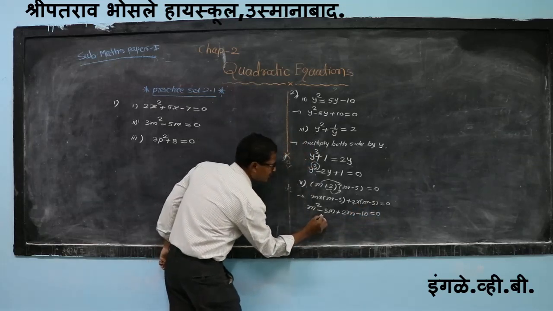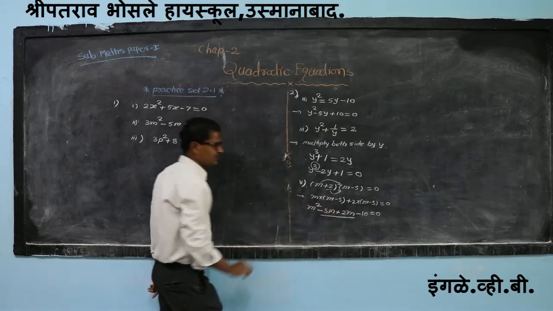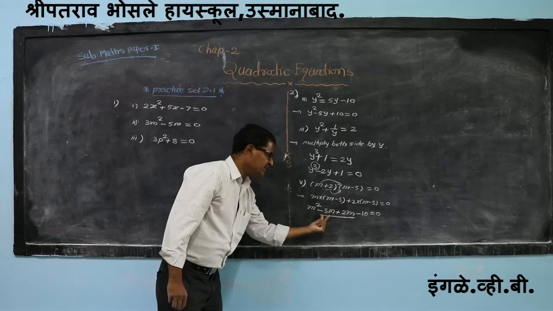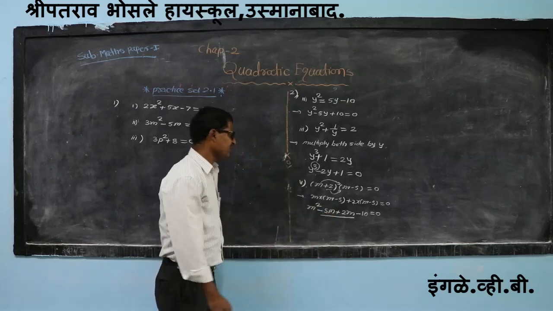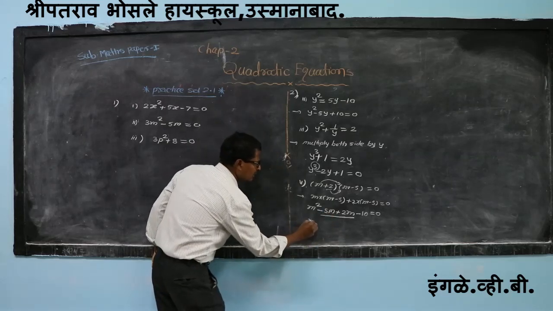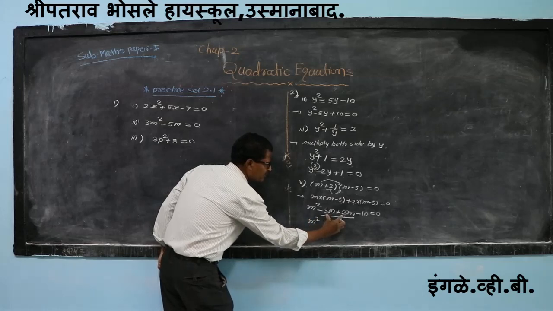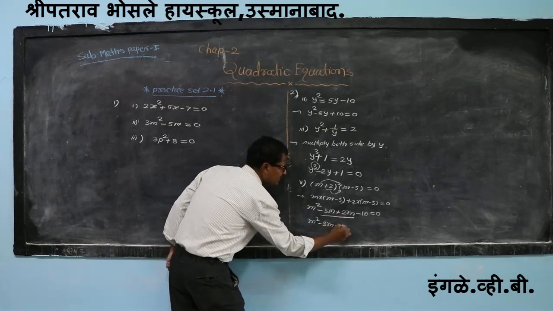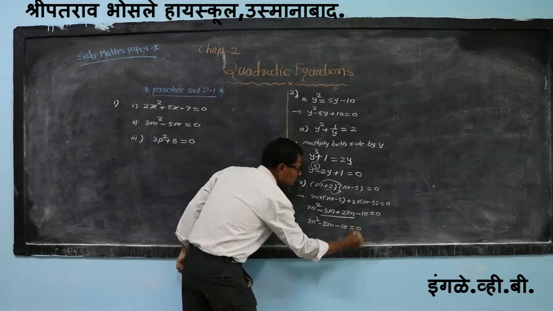But here these are like terms. One is negative, one is positive, so their signs are different. Therefore, take the difference between them. The difference is minus 3m. So m square minus 3m minus 10 is equal to 0.